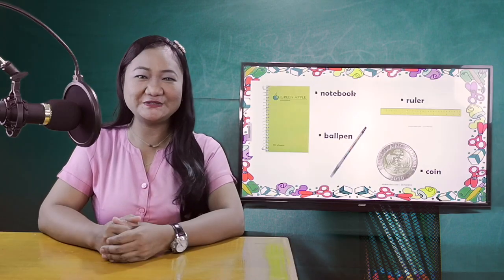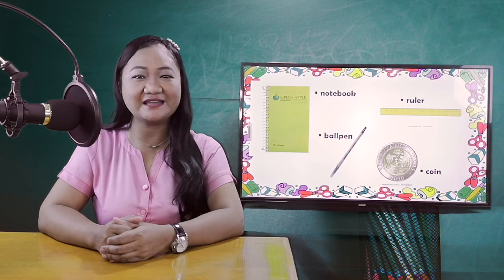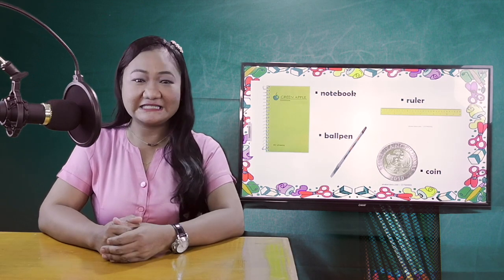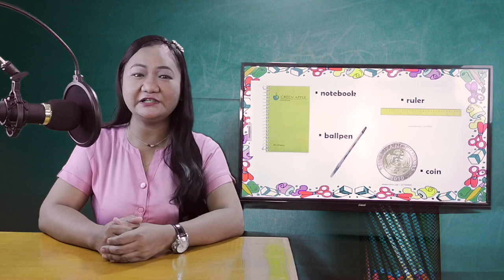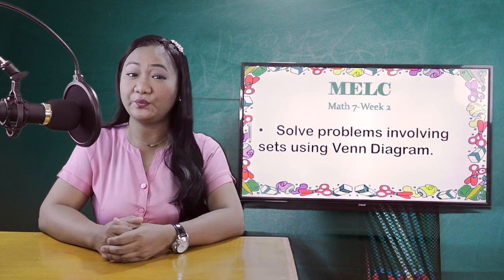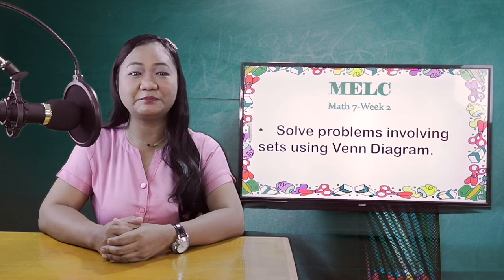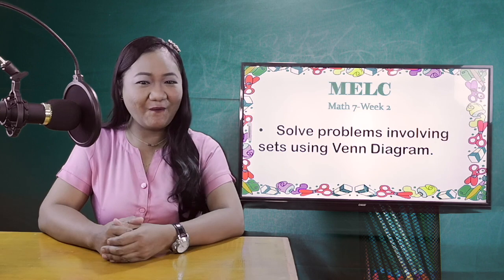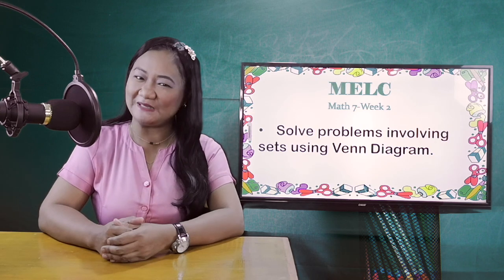In our episode today, you will learn what a Venn diagram is and how to use it in solving problems involving sets. This is based on the most essential learning competencies of the Department of Education for Math 7 Week 2, which is to solve problems involving sets using the Venn diagram. So, are you ready? Let's begin.